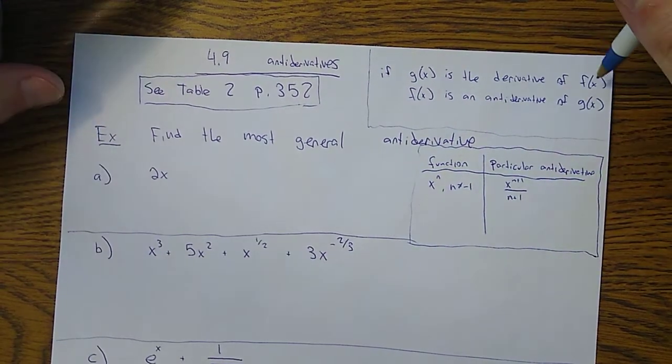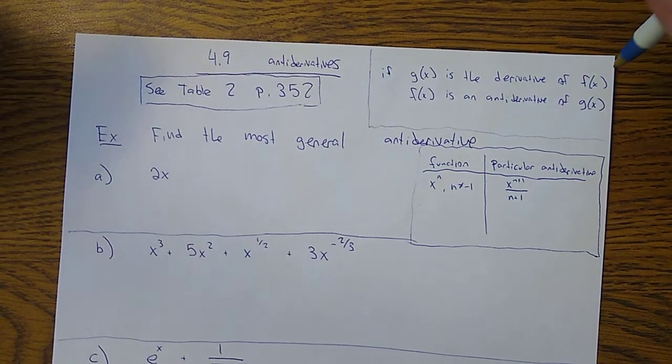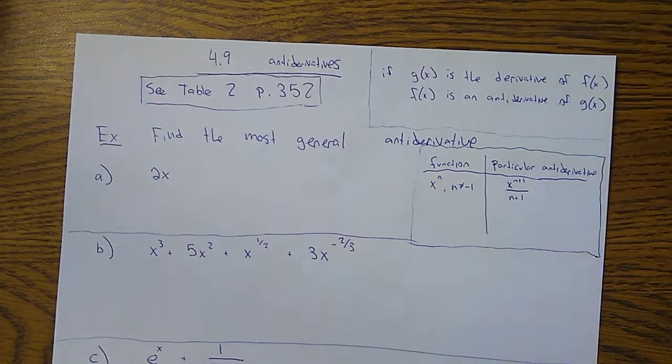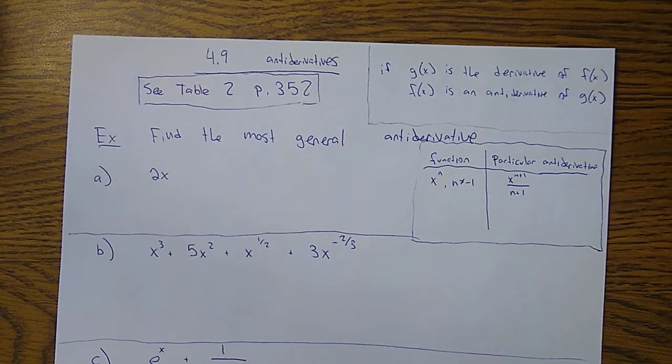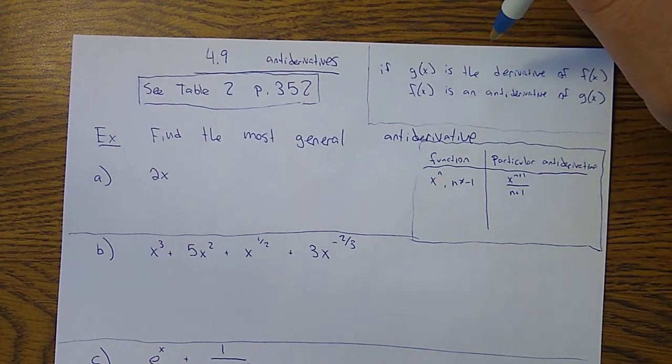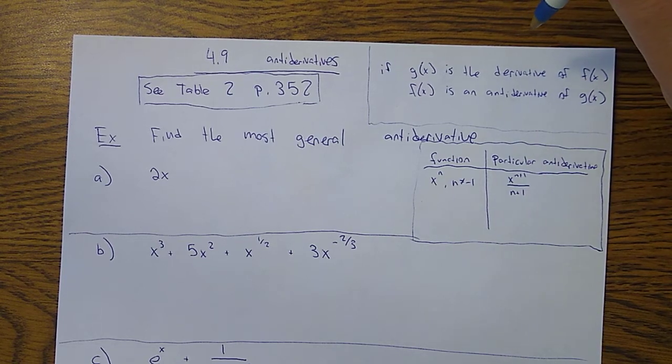So one of them is the derivative of the other one, and that means the other one is the antiderivative of the first one. For example, the derivative of sine is cosine, so the antiderivative of cosine is sine.